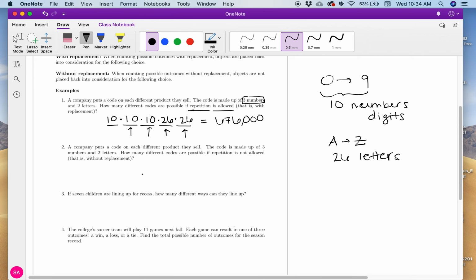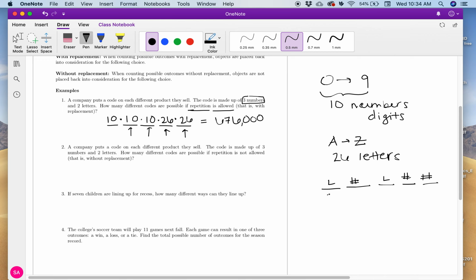So, a quick note before we go to the next problem. I started with the 3 numbers, and then I did the 2 letters. Really, the code could be all mixed up. It could be a letter, a number, a letter, and then 2 numbers.